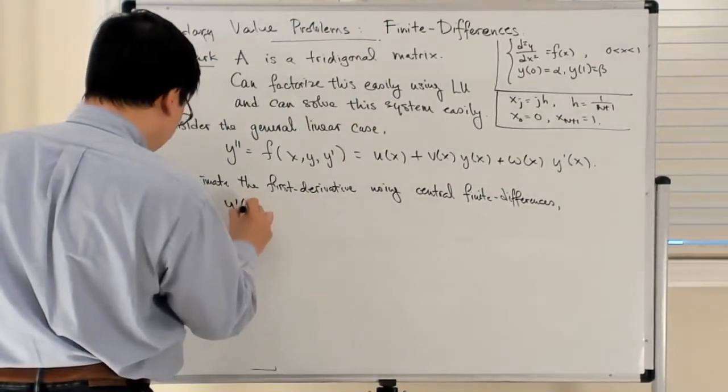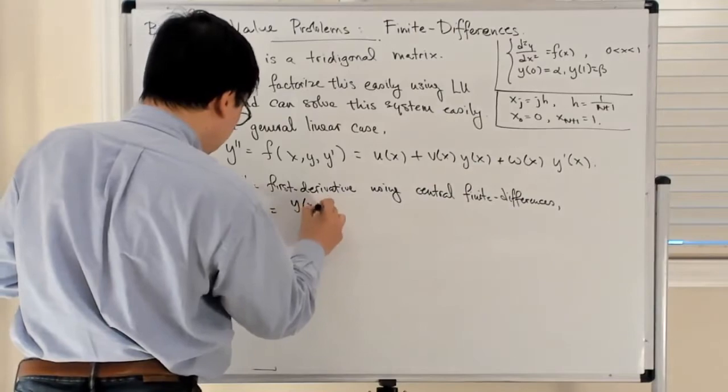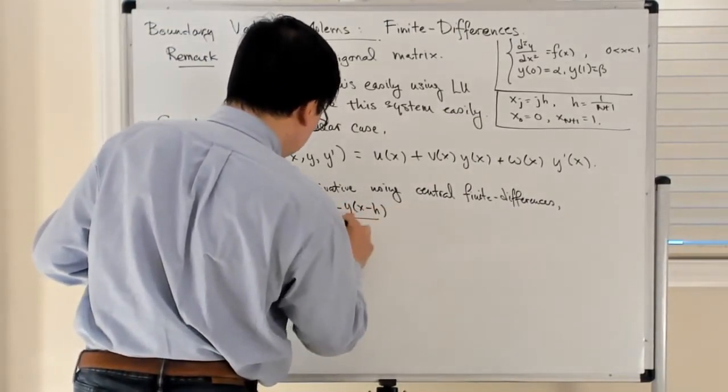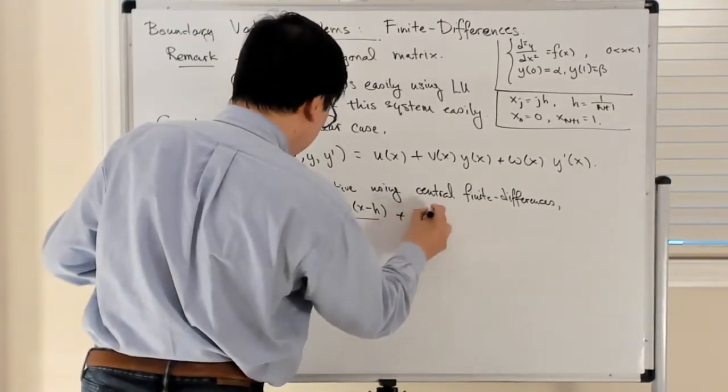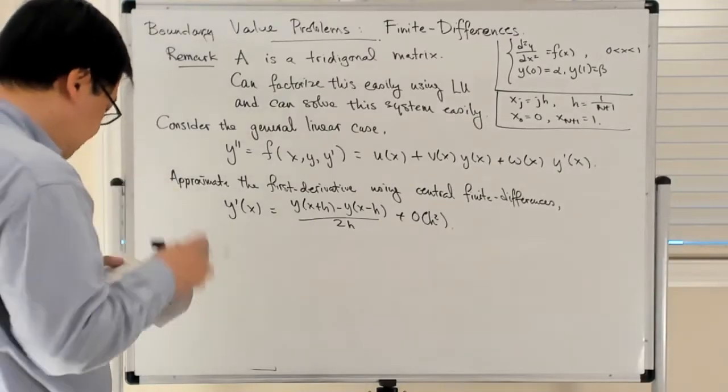So y prime of x is going to be y of x plus h minus y of x minus h over 2h, and that would be second order accurate.